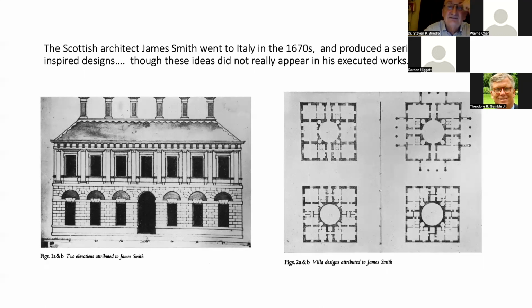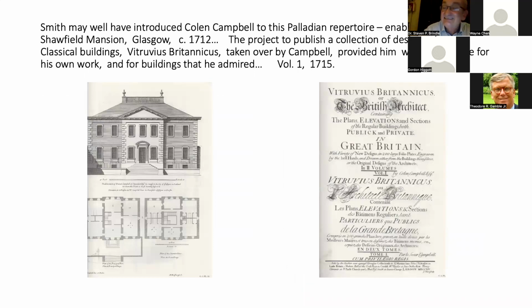But although, oddly enough, Smith didn't use this design approach in his own executed work, which is far more in the French and Dutch-inspired late 17th century manner, it may well have been him who passed on knowledge of Palladio and of his principal designs to a young lawyer turned architect called Colin Campbell, because otherwise it's quite difficult to account for Campbell designing this house, Shawfield Mansion, outside Glasgow, for a Glasgow merchant and slave trader in 1712.